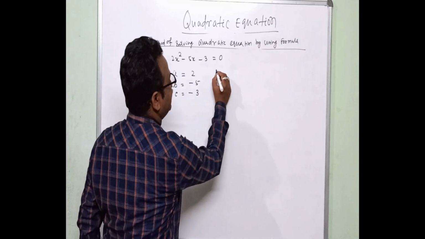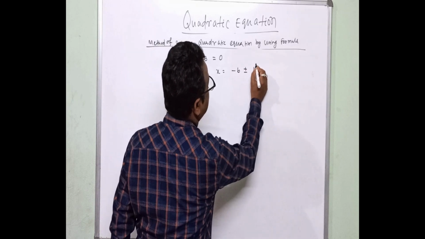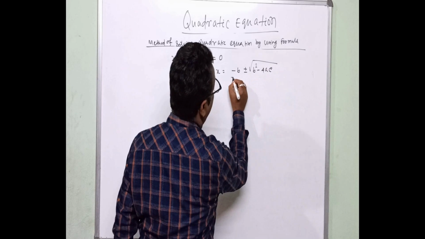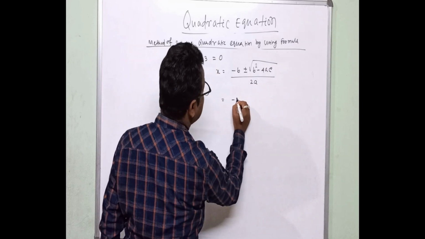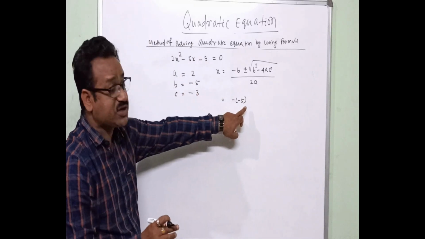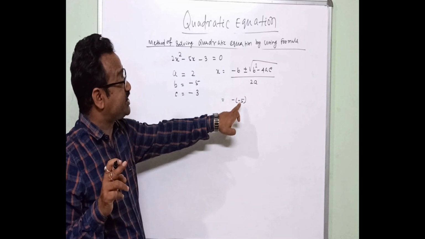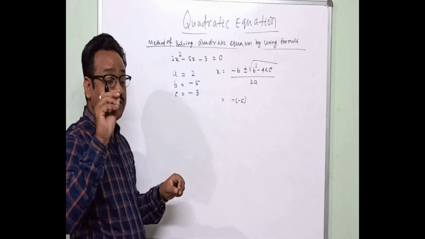So x is equal to minus b plus minus root over b square minus 4ac, whole divided by 2a, that is equal to minus of minus 5, because b is minus 5. Here is where mistakes happen, so where there is a chance of mistake, a bracket must be given so that there will be fewer mistakes while calculating.